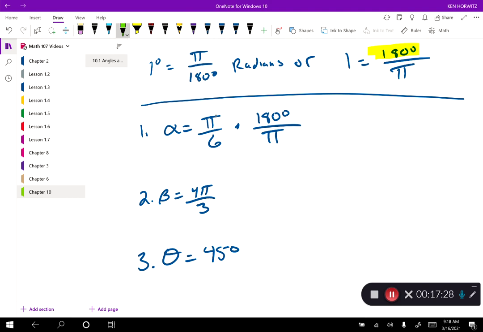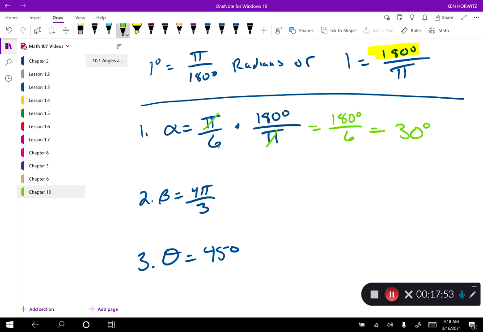Now my pi's will cancel, and I'm left with 180 degrees divided by 6. If I divide it by 6, I get 30, and my units come along, degrees. So pi over 6 equals 30 degrees. Pi over 6 is in radians, 30 degrees is obviously degrees.